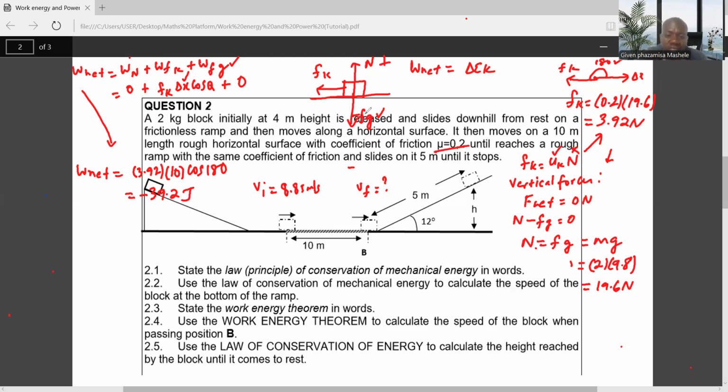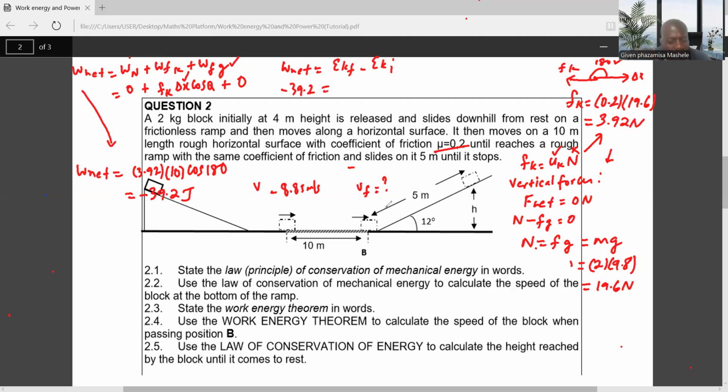Now, let's calculate the speed. We know the net work is equal to the change in kinetic energy, as I said. The change in kinetic energy is kinetic energy final minus kinetic energy initial. The net work is minus 39.2.